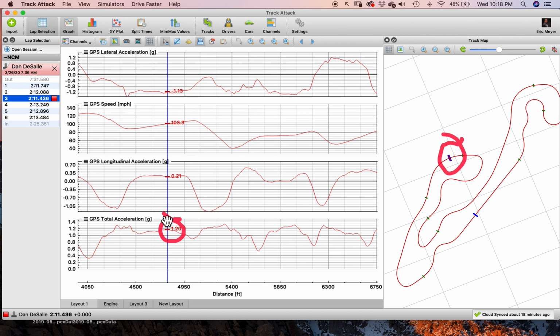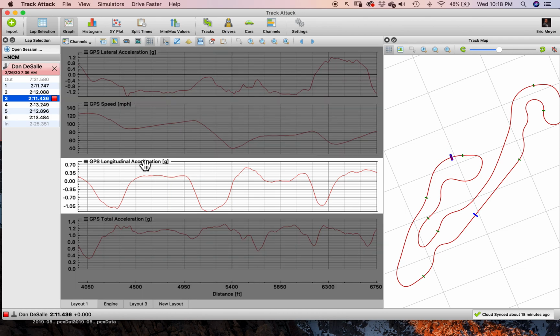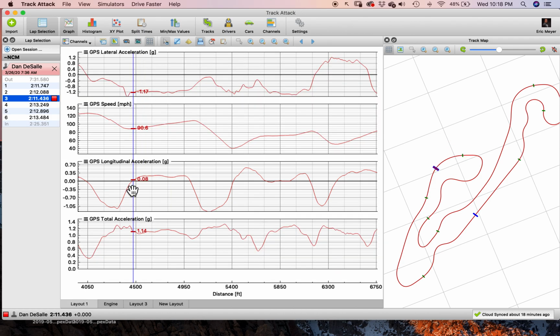Okay, what I can tell you right now, as I can see here, is that this car's in big time acceleration mode. So what I'm going to do, we're going to look for some time. Dan, I just found you some time on this particular lap. We know that right here, Dan is going to throttle.